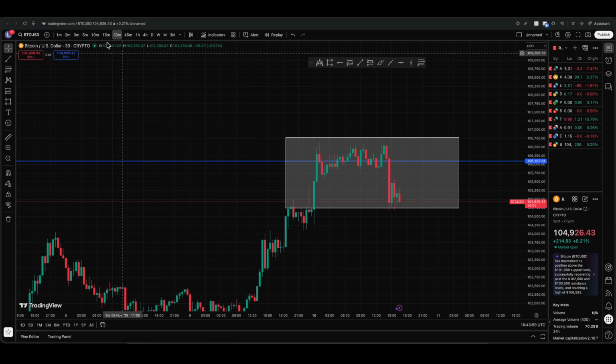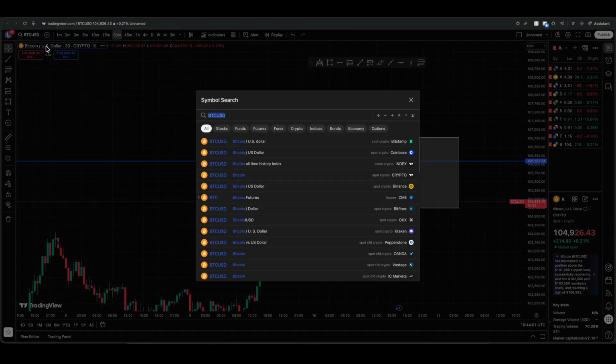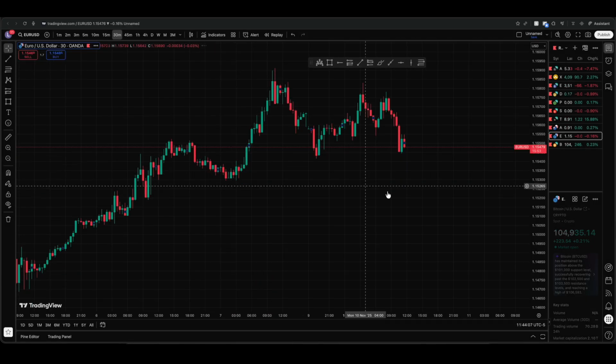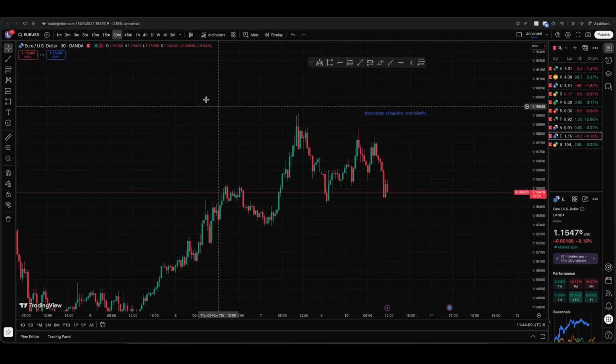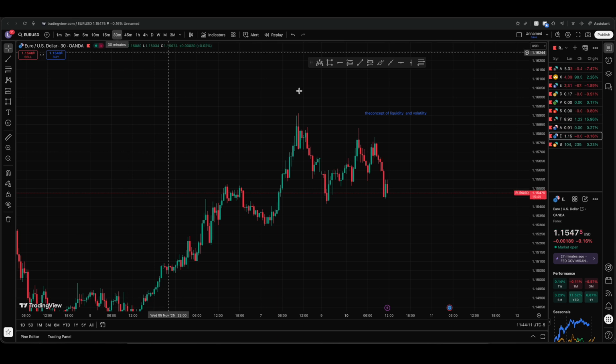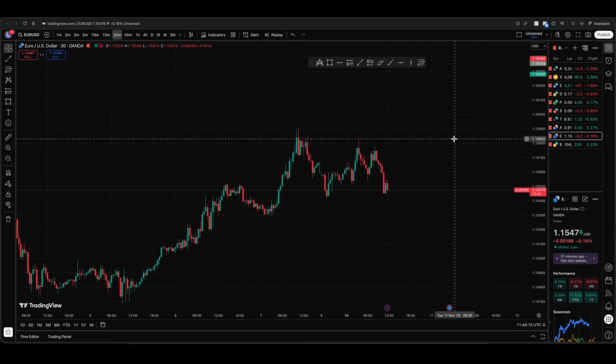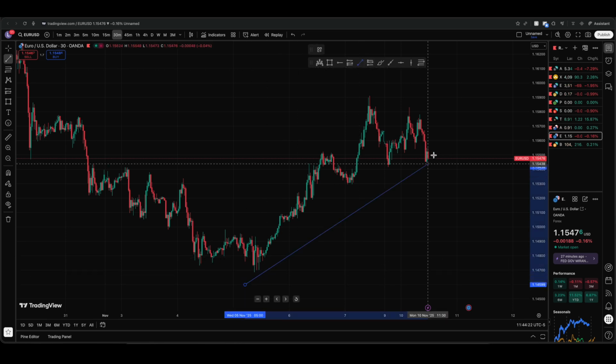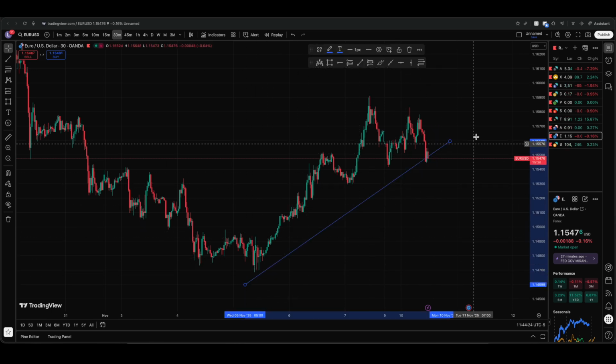So let's move on to the chart and let me give you a live demo. Let's move on to the EUR/USD chart. Here this is the 30-minute time frame. After seeing this instant leave, what I can say from this chart is price is in an uptrend, right?